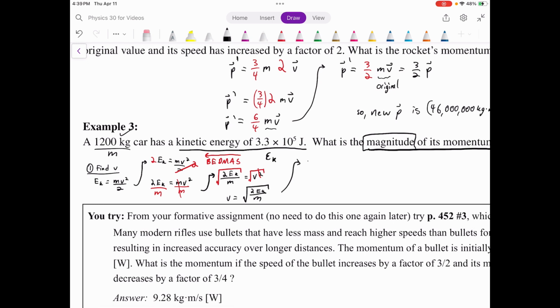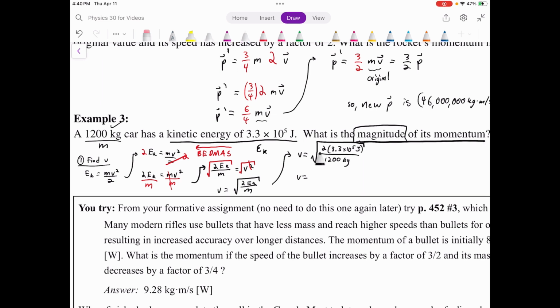So the speed will be the square root of 2 times the kinetic energy. Our kinetic energy is 3.3 times 10 to the 5 joules over our mass. Our mass, we were told, is 1,200 kilograms. And so putting that into my calculator, right, 2 times 3.3, you can use the E button.